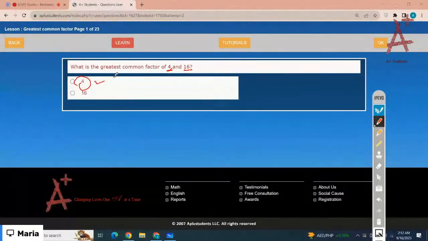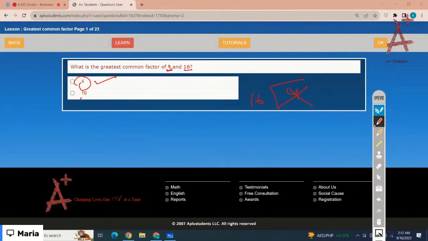That means 4 is the number that can completely divide both numbers. Just look at the other one. 16 is divisible by 16, but you cannot divide 4 by 16, right? So the correct option is 4.